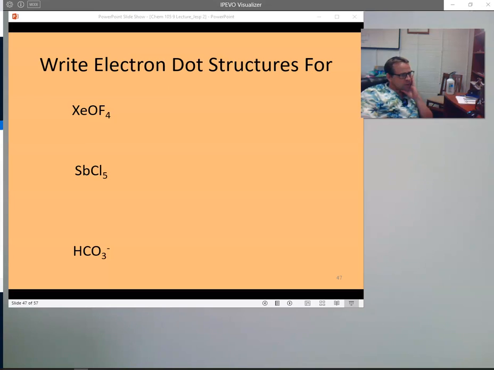The positive charge is going to be attracted to where the negative charge is, and the bond is going to form right there.